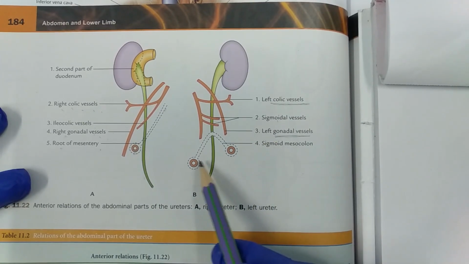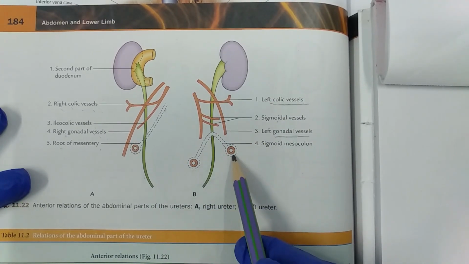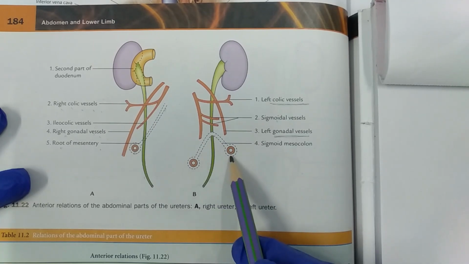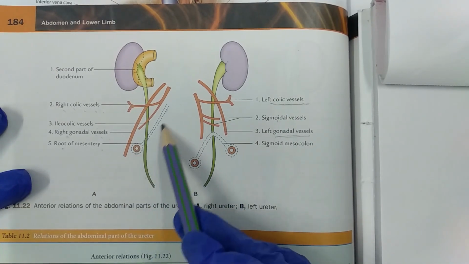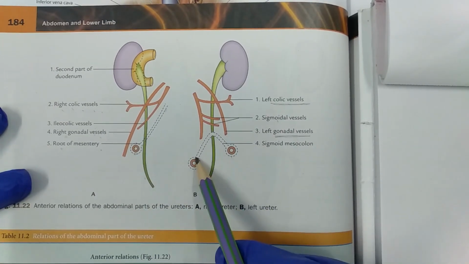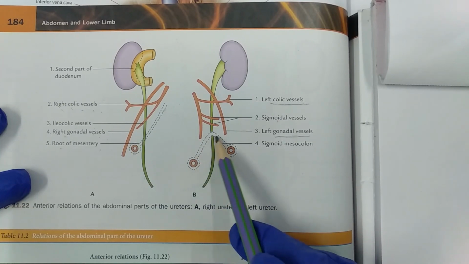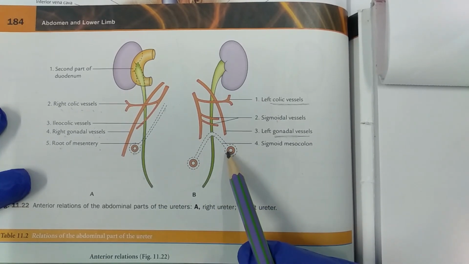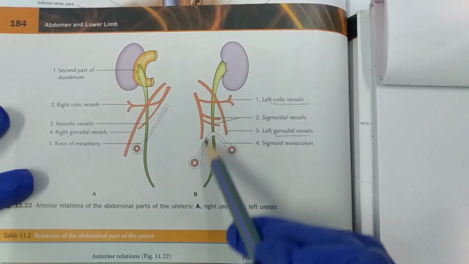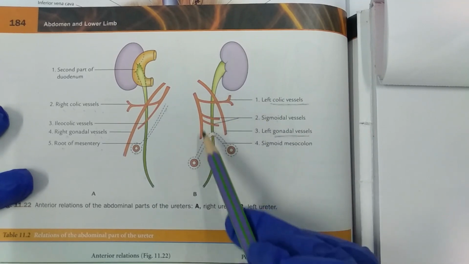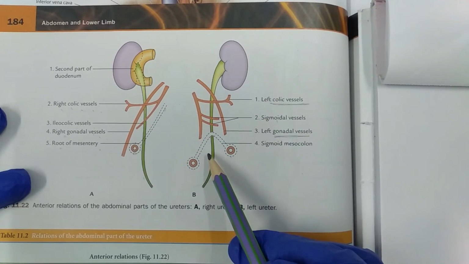And the last one is the apex of the inverted V-shaped attachment of the sigmoid mesocolon. So on the right side there is the root of mesentery, and on the left side the inverted V-shaped apex of the sigmoid mesocolon. So these are the structures related to the left ureter anteriorly.